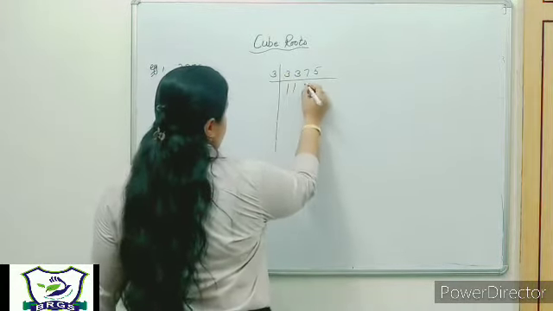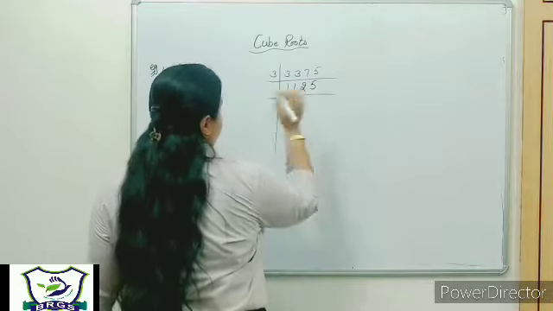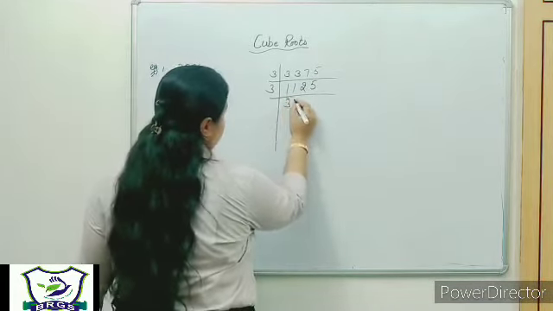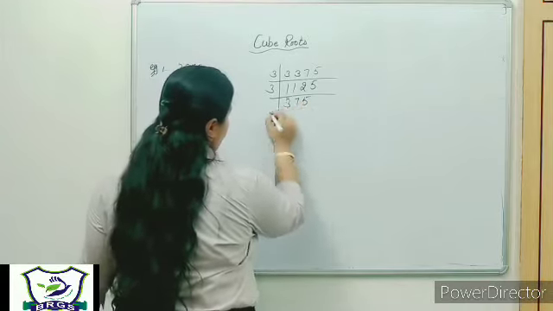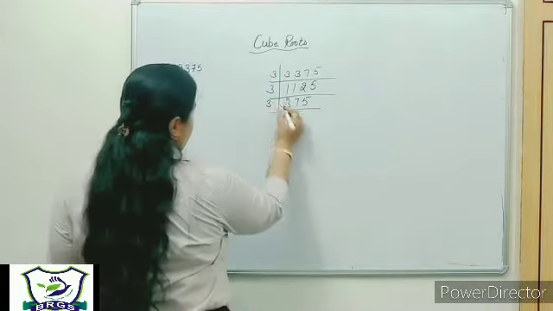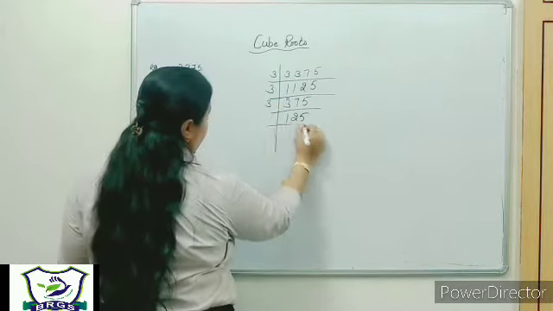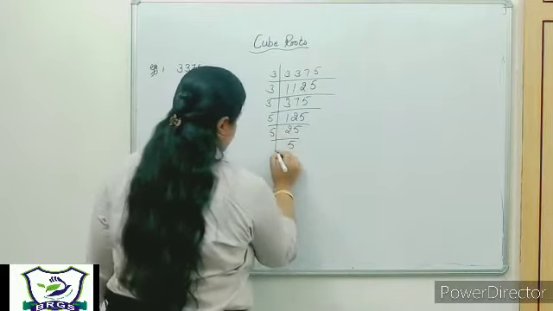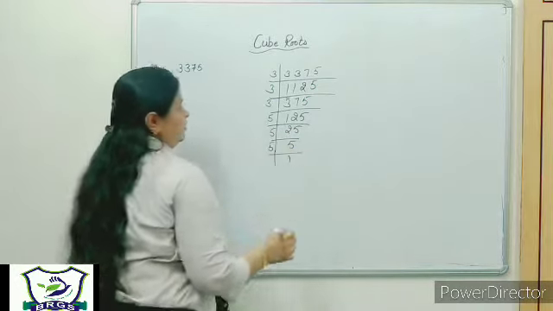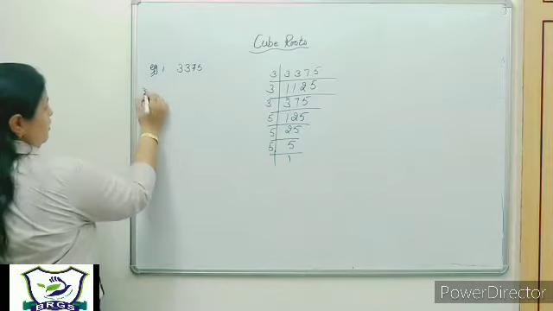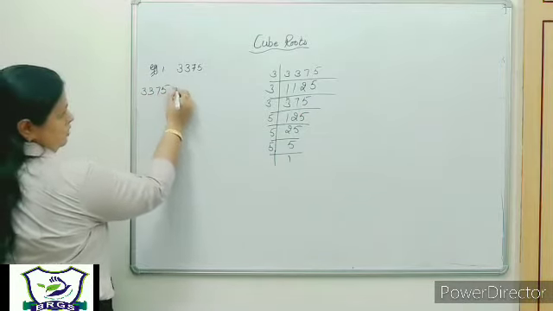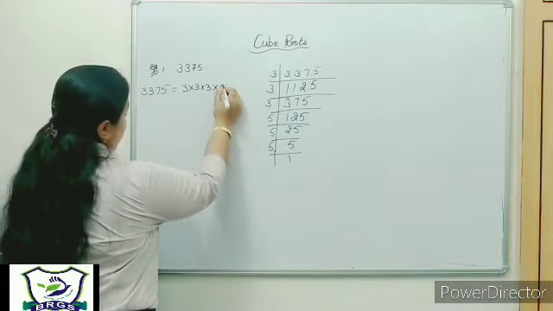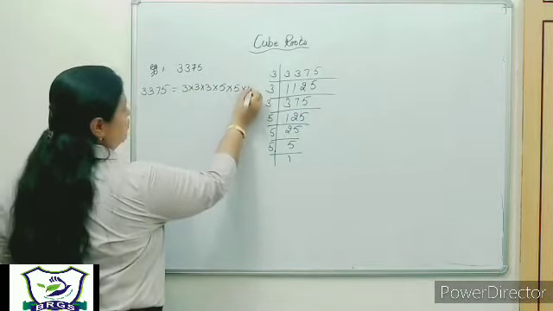3 ones are 3, 3 threes are 9, 3 fives are 15, 3 fives are 15... So, prime factorization of 3375 is 3 into 3 into 3 into 5 into 5 into 5.